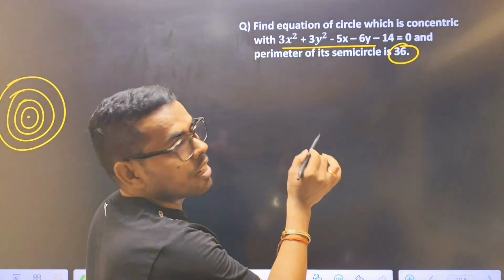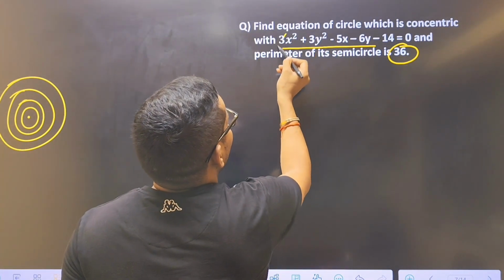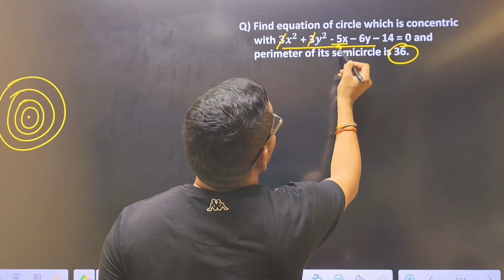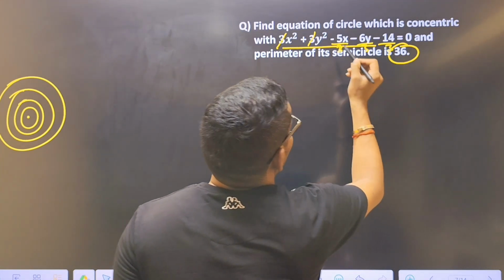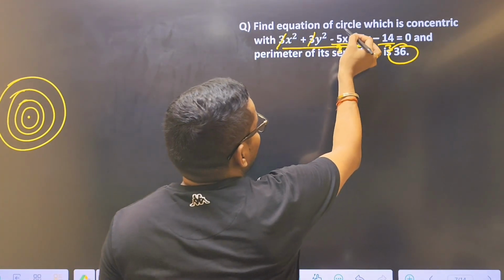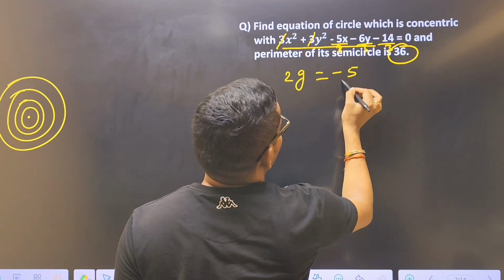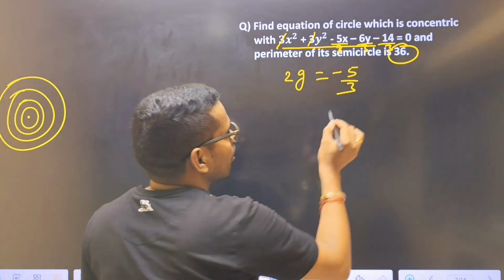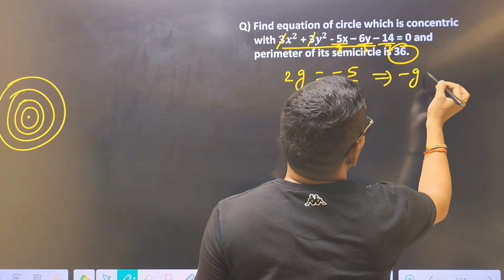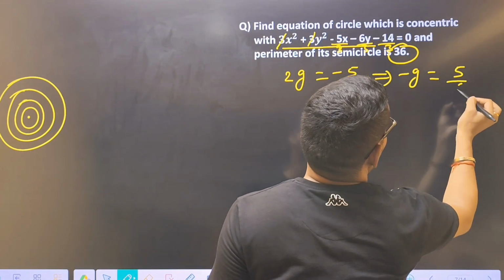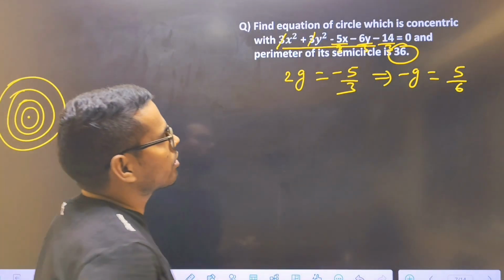Now what is the center of this given circle? First divide by 3. Now what is the coefficient of x? 2g is equal to minus 5 upon 3. So minus g is 5 upon 6.